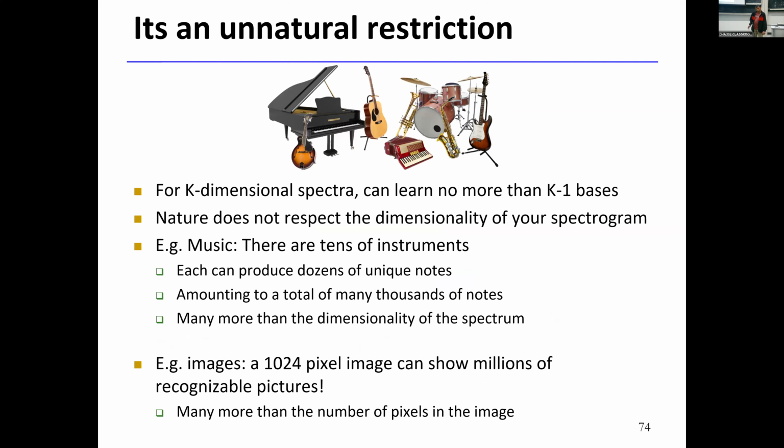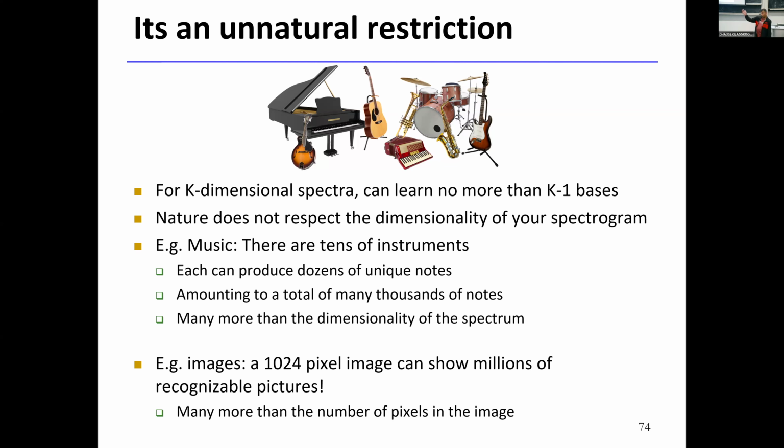So also think about real life. If I use 1024-dimensional spectrograms to represent my music, I'm being informed by math that I cannot learn more than 1023 bases. How many notes exist in this world? There are hundreds of instruments.